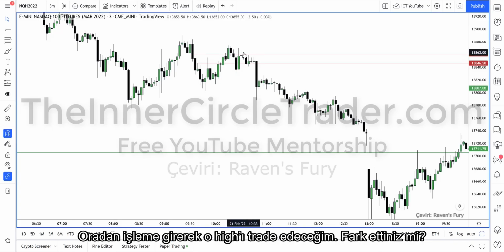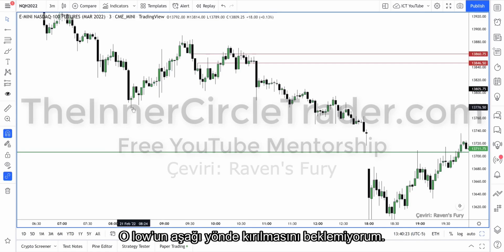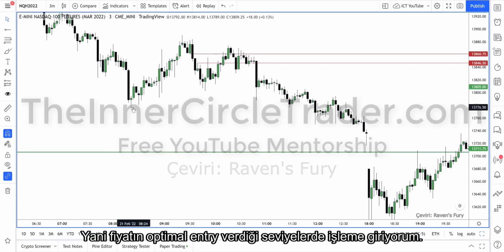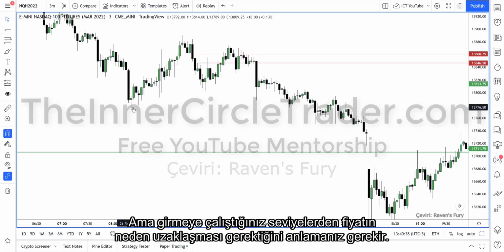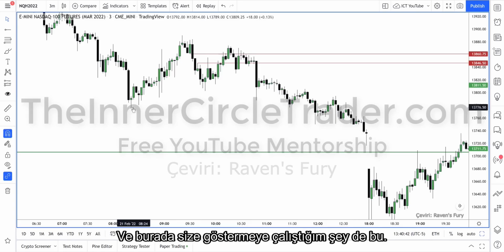Notice that? I'm not waiting for a breakout below that low. I'm getting up in there for an optimal entry. You don't need to get the highest high, but you need to understand why it should be trading away from the levels you're trying to enter at. And that's what I'm showing you here.